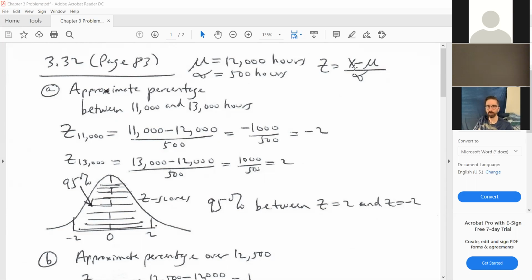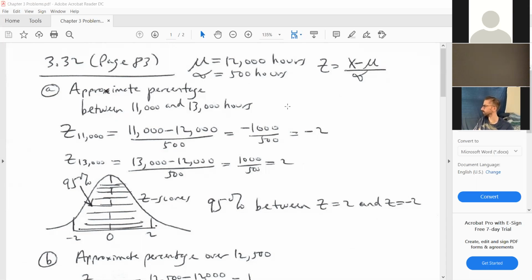How many standard deviations from the mean is this value? If the z-score is negative, it means it's to the left, and if it's positive, it's to the right. If it's 0, it means that the value is exactly equal to the mean, right? Because if x is equal to mu, then the numerator becomes 0.